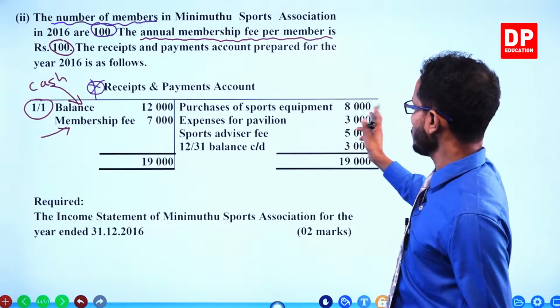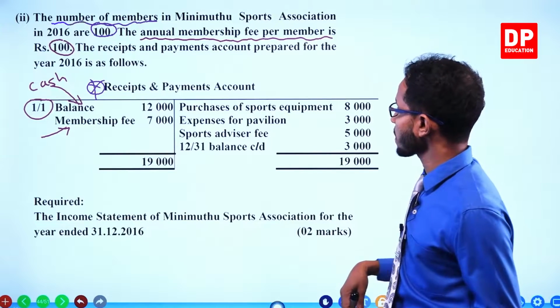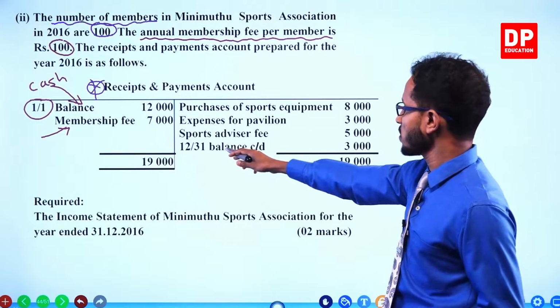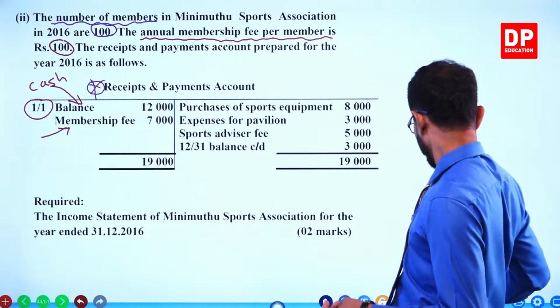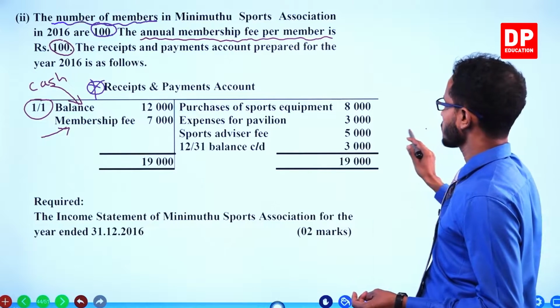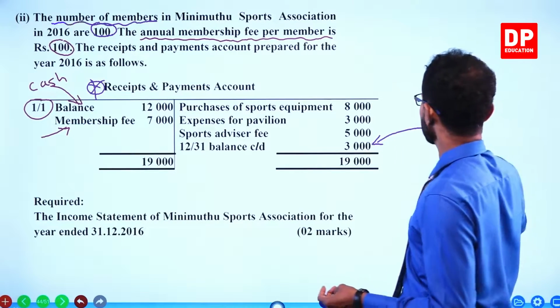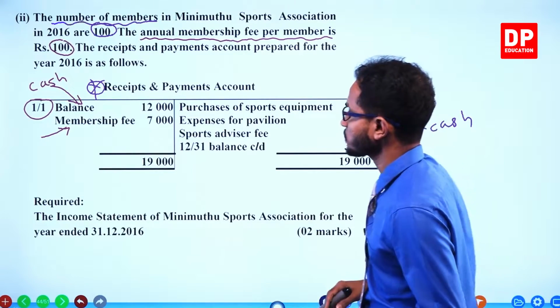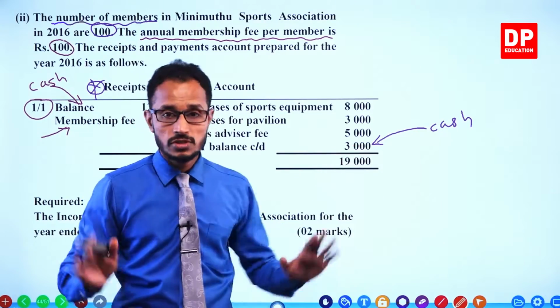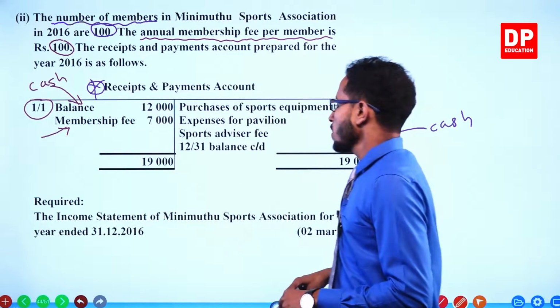Purchase of sports equipments 8,000. Expenses for pavilion 3,000. Sports advisor fee 5,000. And the final balance, the closing cash balance at hand, 3,000 remaining in the business.